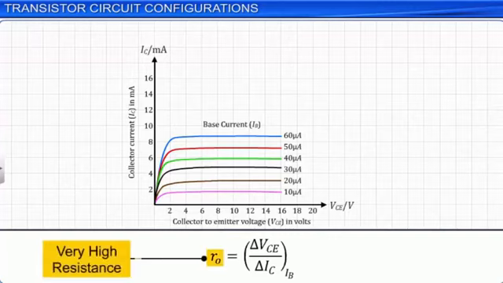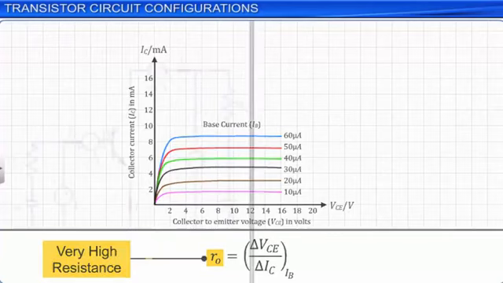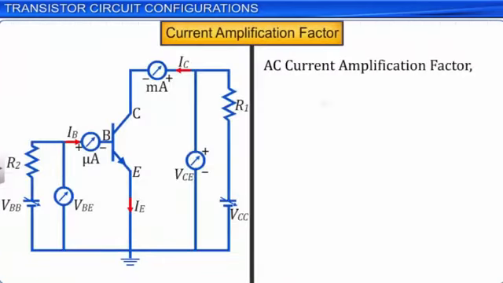The current amplification factor, beta, of a transistor is defined as the ratio of the change in the collector current, delta IC, to the change in base current, delta IB, at a constant collector-emitter voltage, VCE. The AC current amplification factor is also known as the small signal current gain.